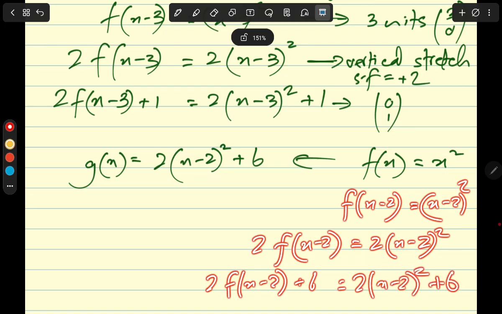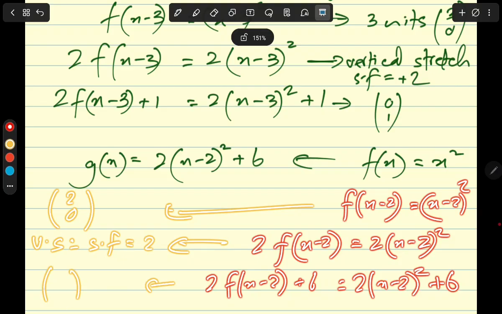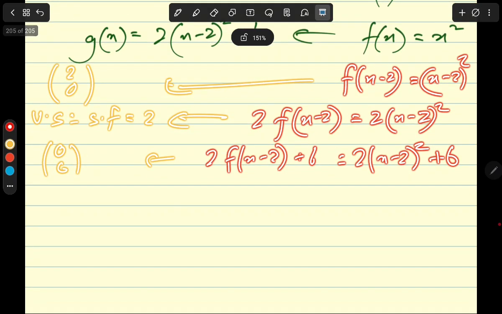So first, this is a horizontal translation of positive 2 units. Then this is a vertical stretch with a stretch factor of positive 2. And then this is a vertical translation by 6 units, so the translation vector is 0, 6. So this is the full transformation sequence here.